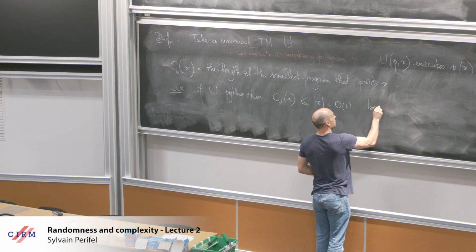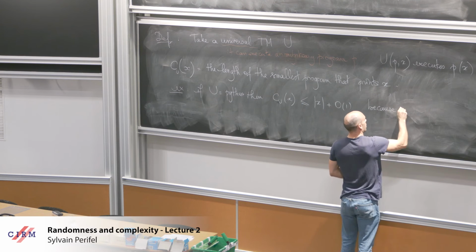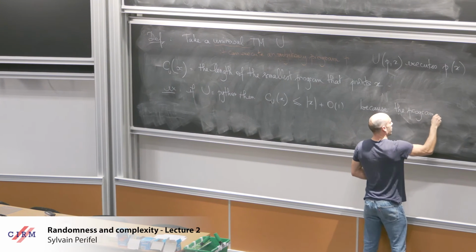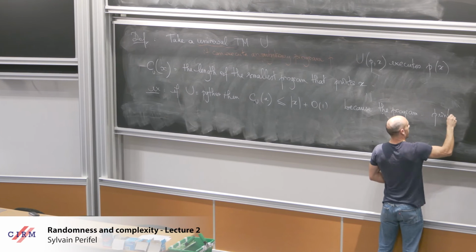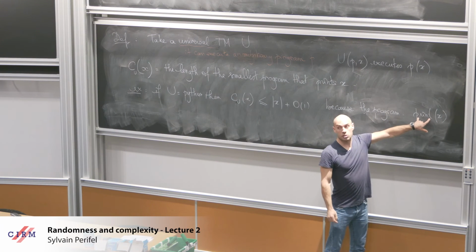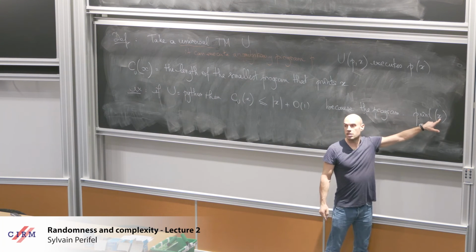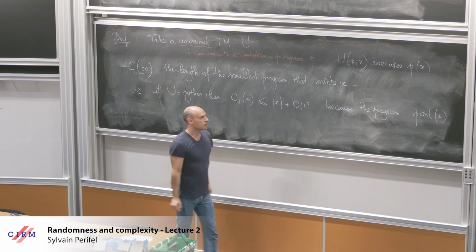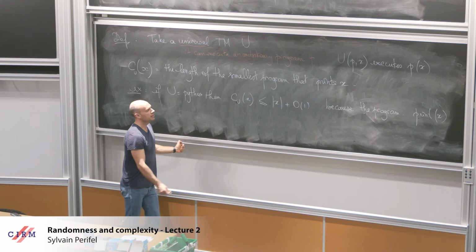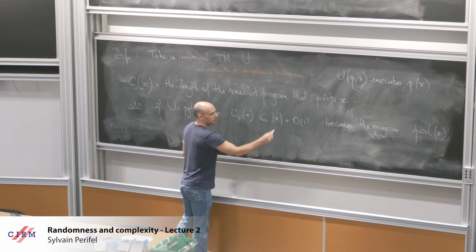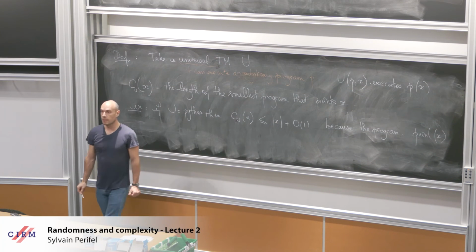Because you always have the program print(x), which is of length a constant plus the size of x. So this program always achieves the correct thing, meaning that the complexity of a string x is always bounded by the size of x plus a constant. Okay?